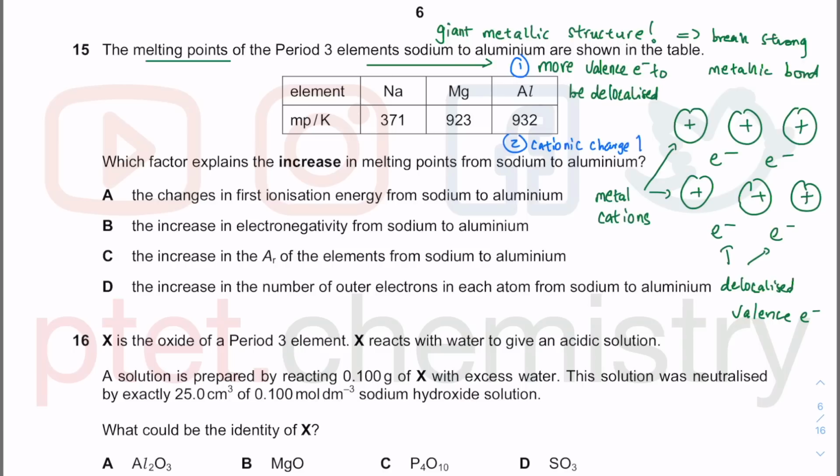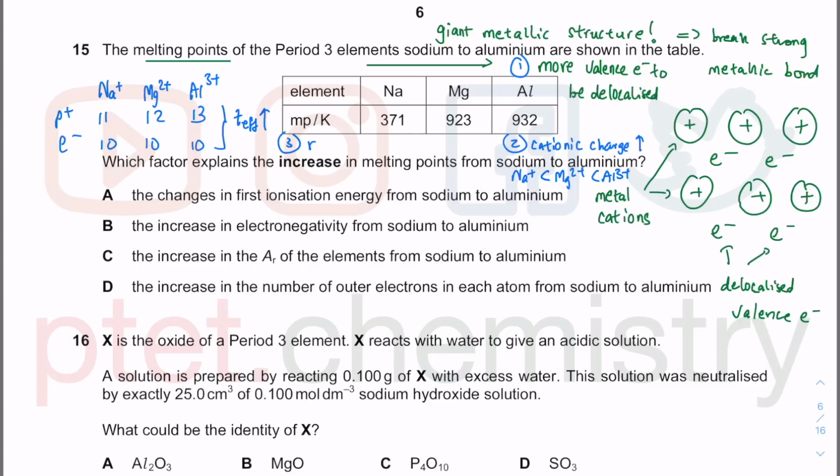Your cations go from Na+ to Mg2+ to Al3+. If you do a quick counting of protons and electrons, you will see that they have the same number of electrons, but a greater number of protons, so you develop a stronger effective nuclear charge between the electrons and the protons. They get pulled closer together.